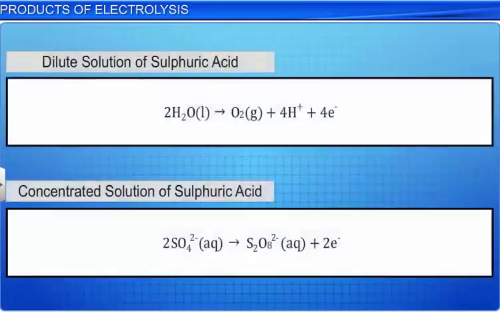In dilute solutions of sulfuric acid, water will be oxidized to release oxygen gas. However, in concentrated solutions of sulfuric acid, the formation of the peroxy disulfate ion is favored.